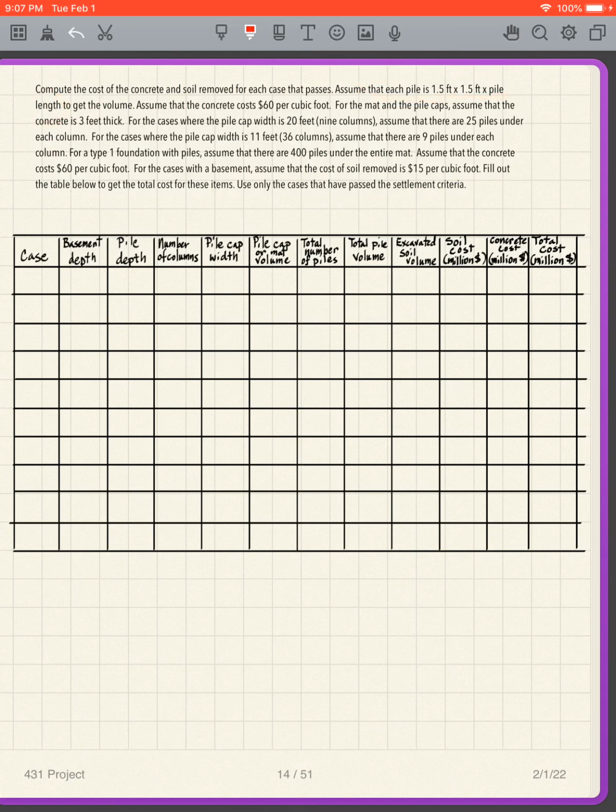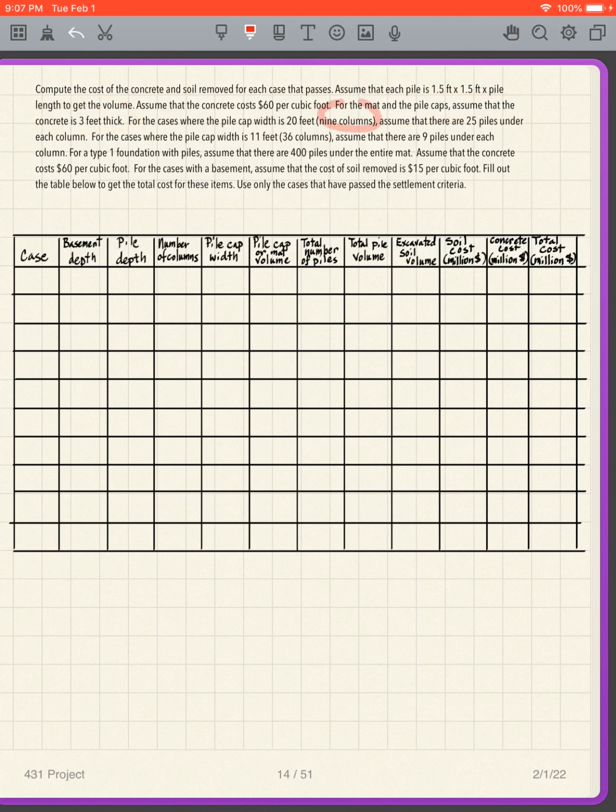In other words, they're 18-inch piles, and you take the length of them. You're going to assume that the concrete costs $60 per cubic foot. And now for the mat and pile caps, you're going to assume that the concrete is 3 feet thick. So you've got a thickness of the concrete for the mat and the pile caps.